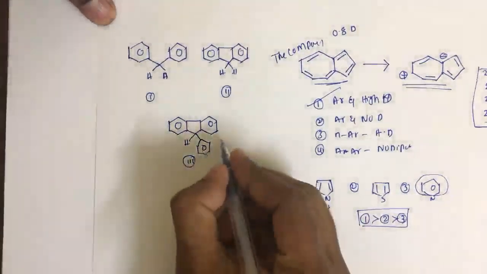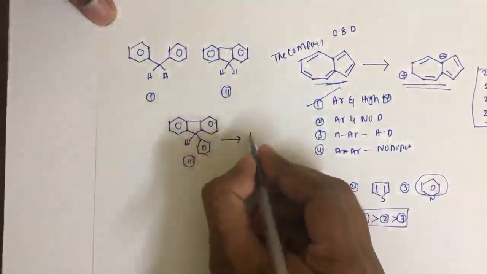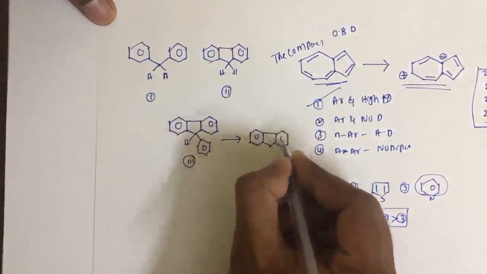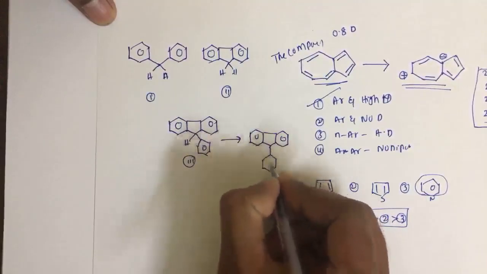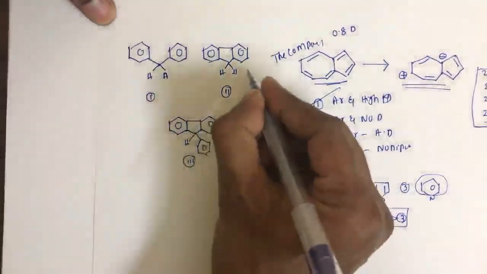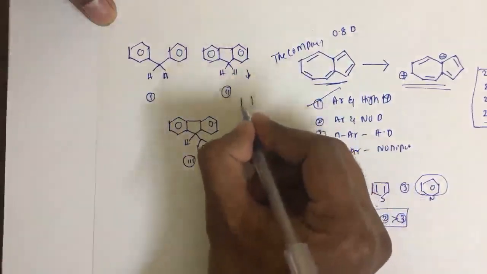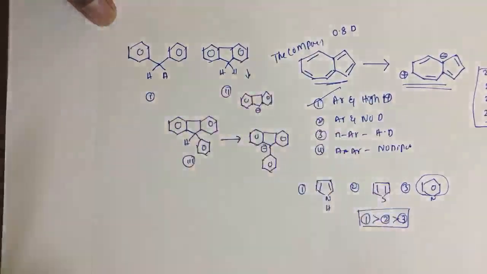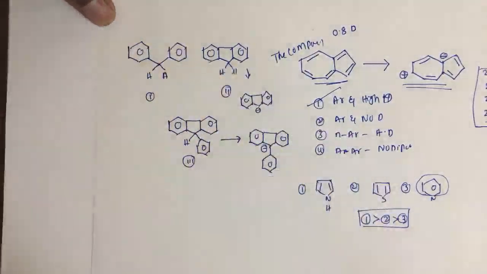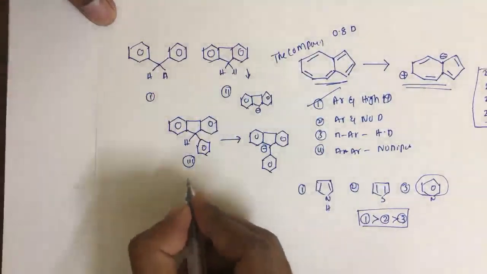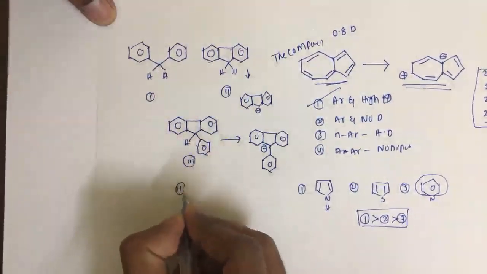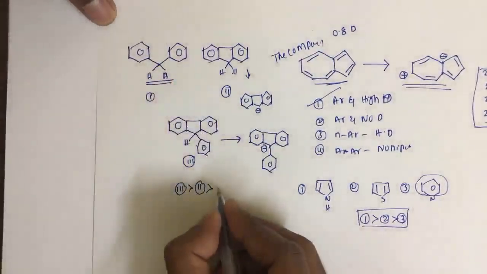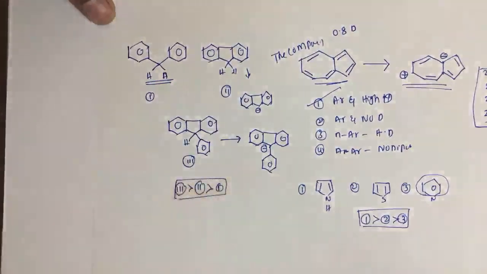We know that if it loses this hydrogen, it will become aromatic. Here also, this also becomes aromatic. But compared to these two, the third is more aromatic compared to the second. So that's why this is more acidic. Here there is no aromatic character, so this should be least. So this is the correct order.